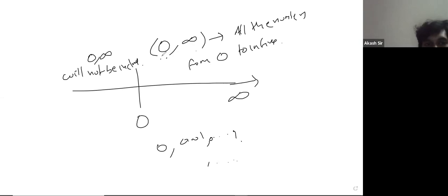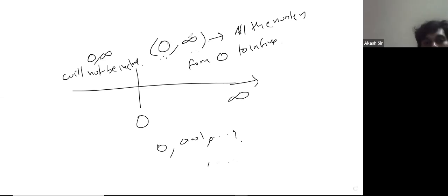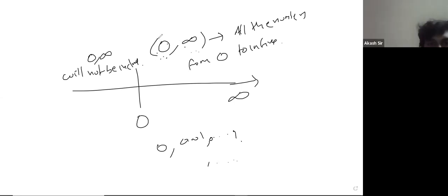You got it? If I write 0, infinite, all the numbers in between 0 and infinite, right? We cannot include infinite anywhere, right? Yes, sir. But 0 is also not included here because open brackets are used. But if I write 0, infinite in close brackets, I cannot write a close bracket here.